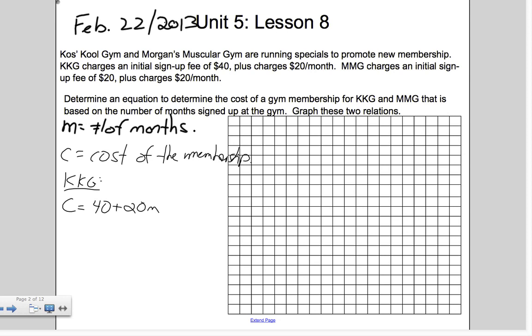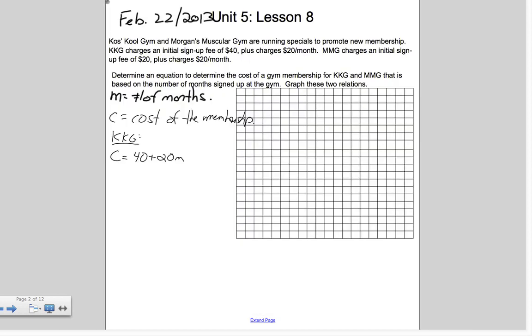Months is affecting the cost. So here, we'll have M for months. That goes along our x-axis, so to speak. And here will be a y-axis. So it'll go something like that.